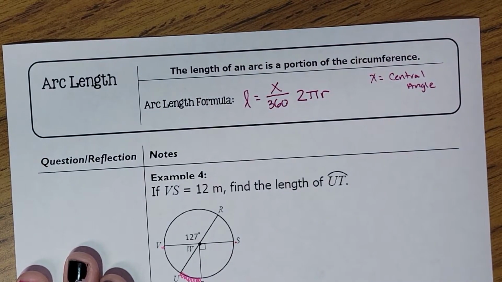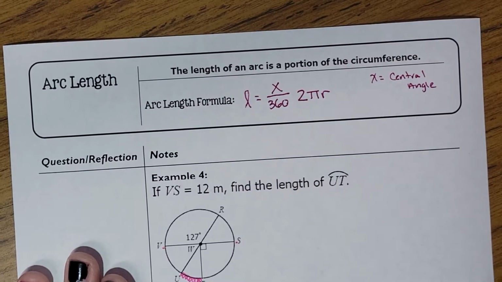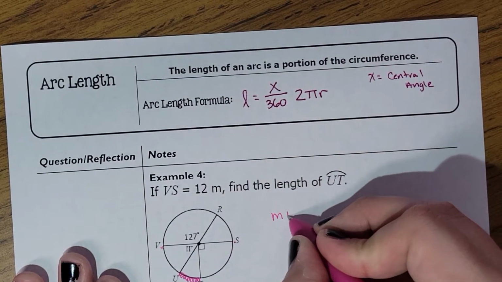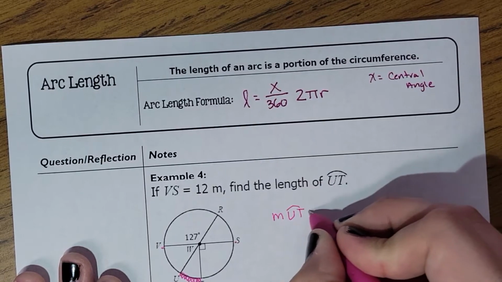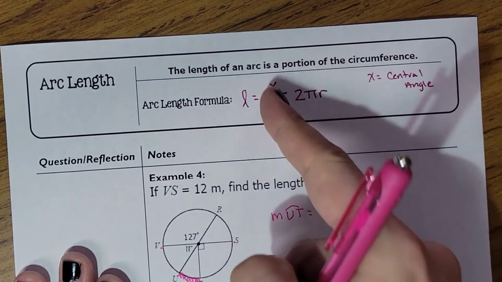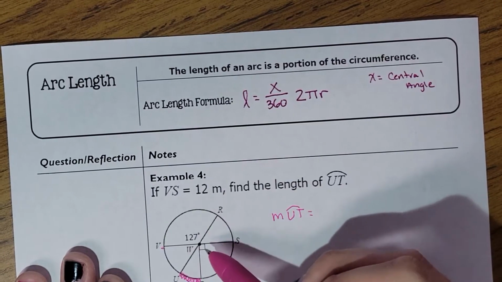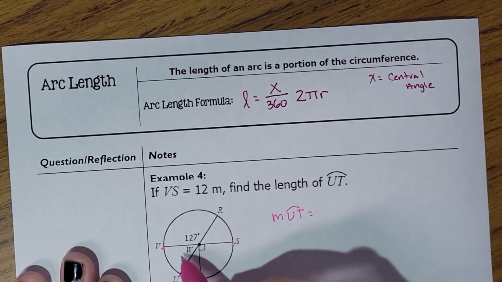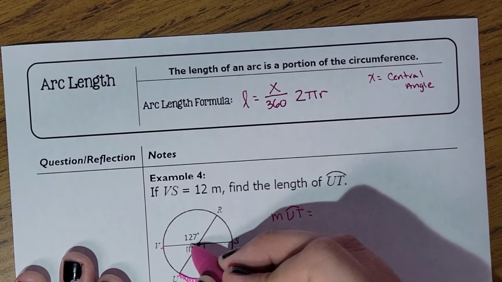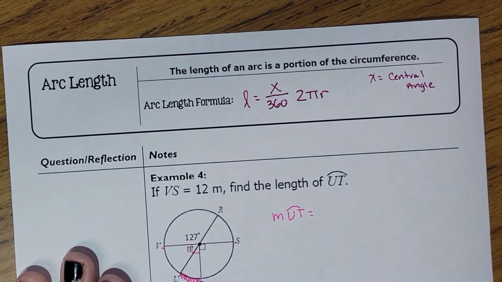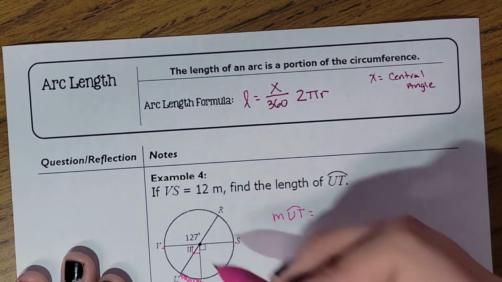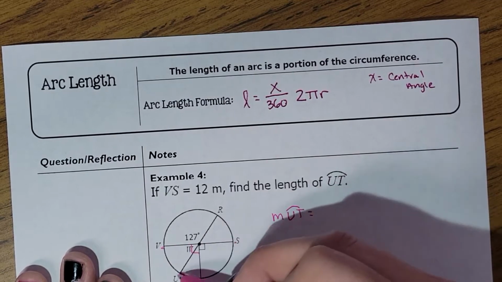Well, if I'm gonna do that, the first thing I'm gonna need is to know the measure of arc UT so that I know how many degrees to plug in for x. So I'm gonna have to work through it just like we did the last one. Because this is a straight line, I know that these together have to make 90. And I can see that this is a straight line, so these together make 180.